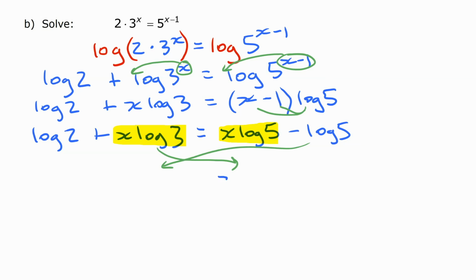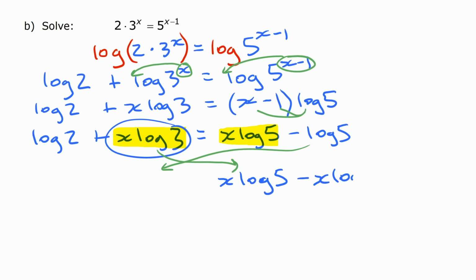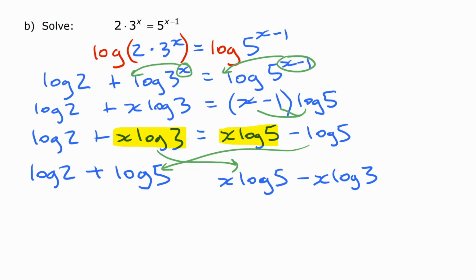So this side is going to be x log 5, the term that's already there, plus, when this one moves, minus x log 3. And then when this one moves to the other side, it's going to become plus. So I have the log 2 that's there plus log 5. And those things are equal.